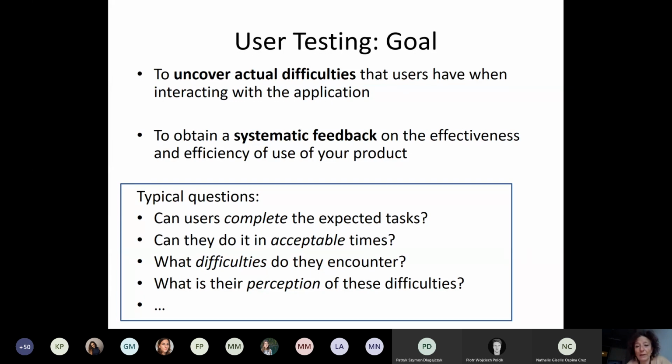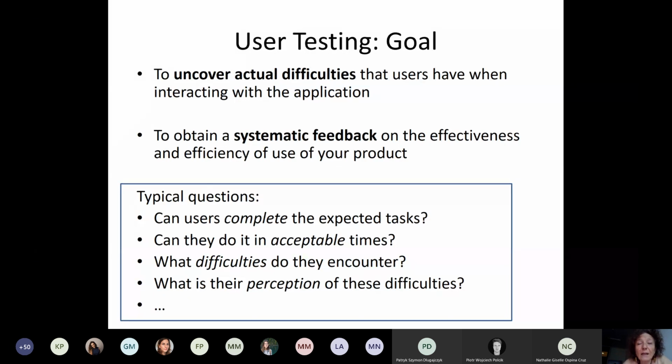So completeness of the task is one dimension. Can they do it in acceptable time? Maybe I can do it, but it takes so many clicks that it is almost impossible. Or it's possible, but it takes too long, or it takes a reasonable amount of time.